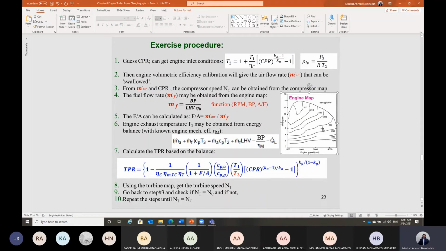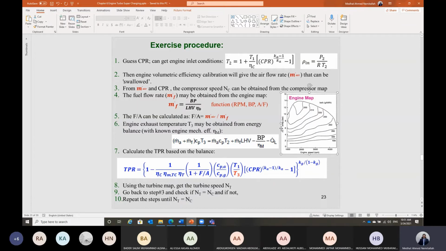All of these data points, يا شباب, are stored inside the ECU, which gives you the value of brake mean effective pressure. We said the brake mean effective pressure is the brake power divided by the displacement volume. So it gives us the value of the brake power at a given engine RPM and for different values of brake specific fuel consumption. Brake specific fuel consumption is m dot fuel divided by the brake power.